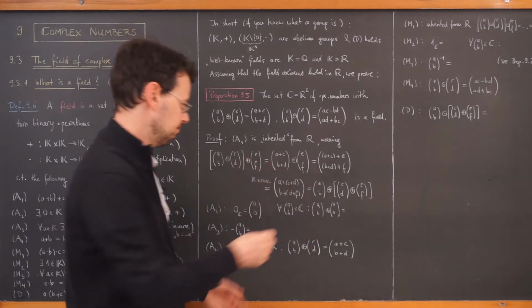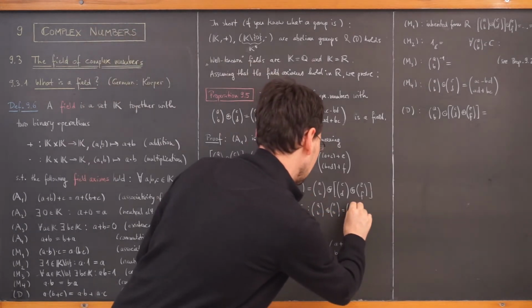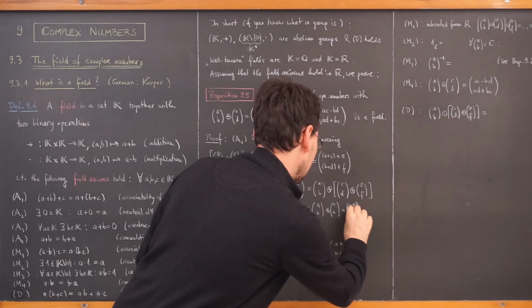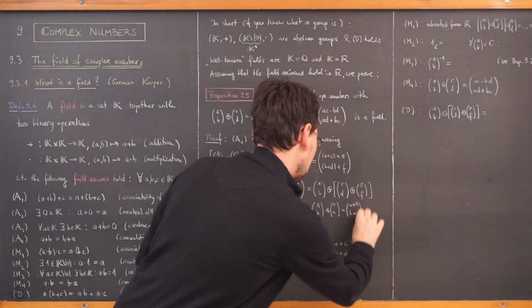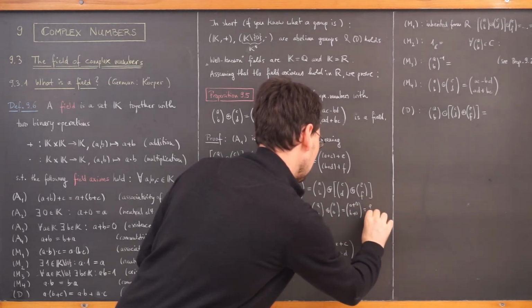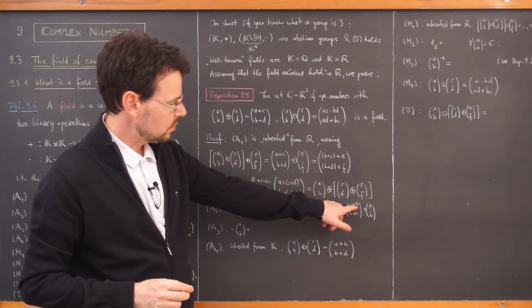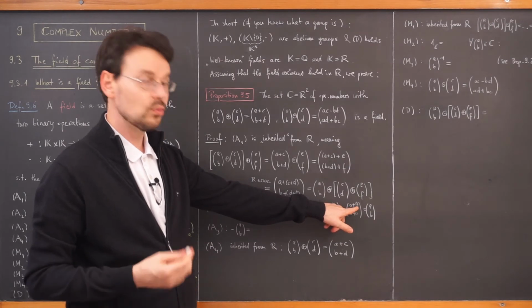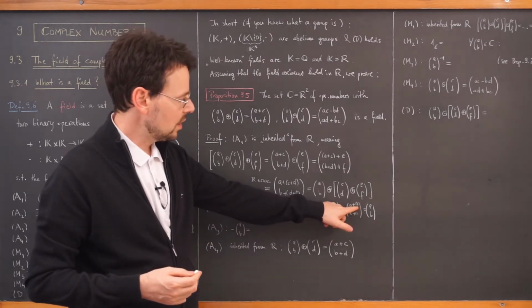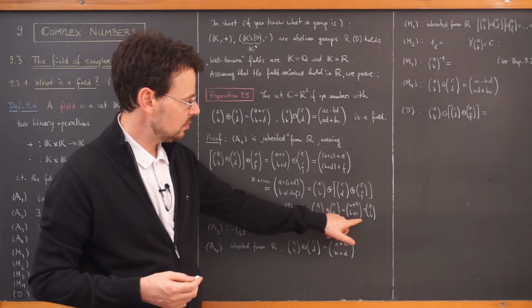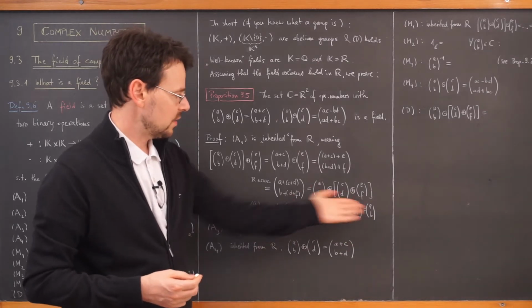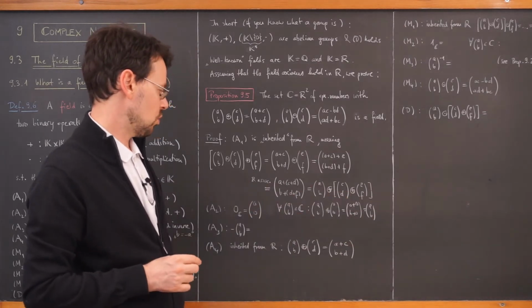So we end up with (a, b). And here again, because 0 is the neutral element of the real numbers, in each entry a plus 0 is a and b plus 0 is b, so that's exactly what we want to show.